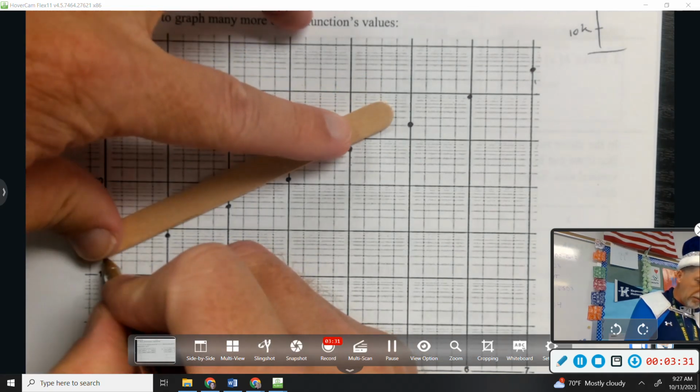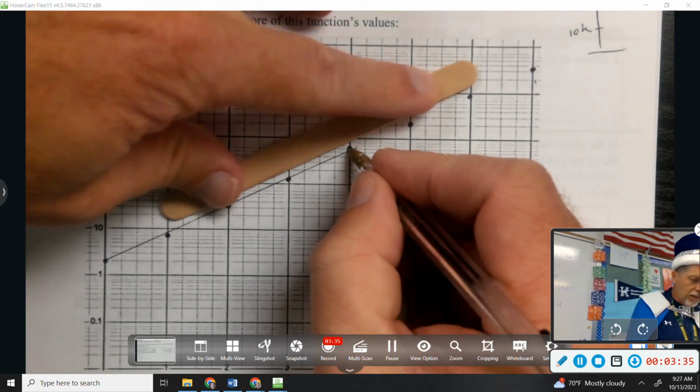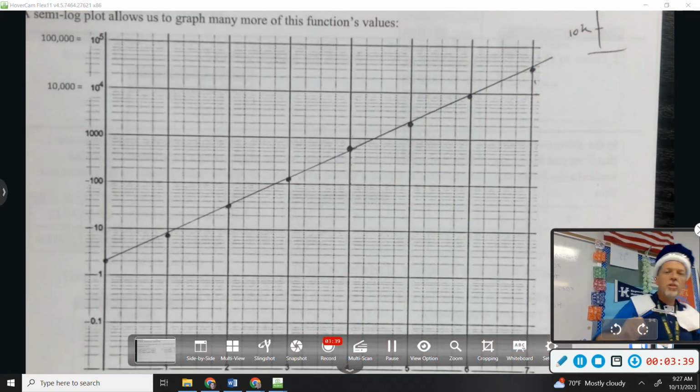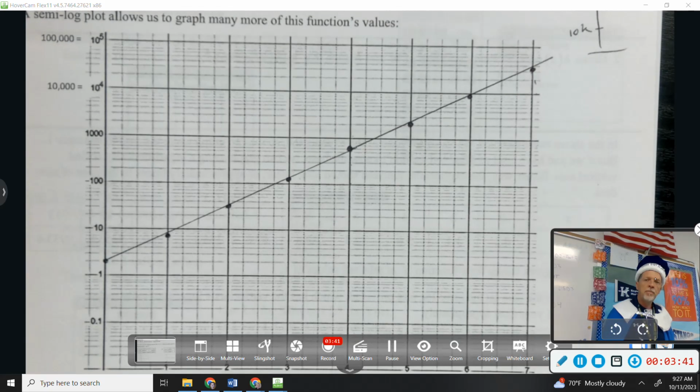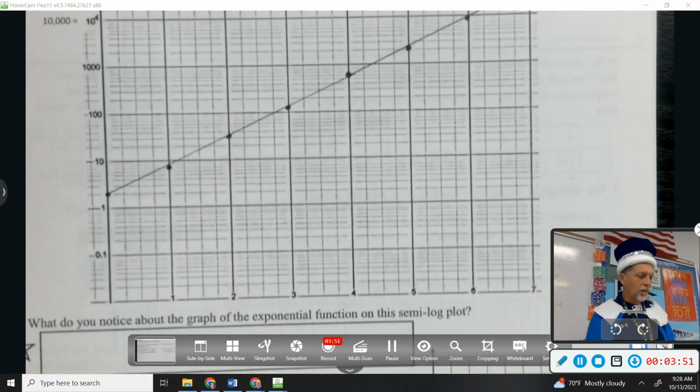Now, it may not be exactly linear because graphing by hand on semi-log paper is kind of tricky, but it should be exactly linear on this graph. Again, be very careful how you phrase that. That function is not linear, but it appears linear on the semi-log graph paper.